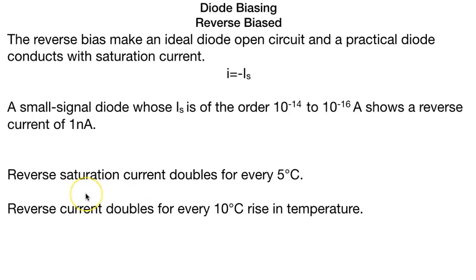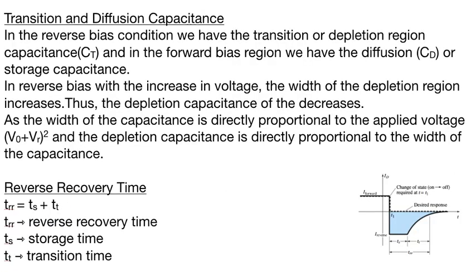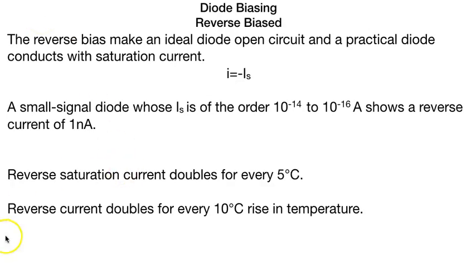And the reverse saturation current, as I have already talked about, doubles for every 5 degrees Celsius, and reverse current doubles for every 10 degree rise in temperature. Now, moving on to the other characteristics of the diode. One more thing I would like to tell you at this point is the formula for how to calculate it.